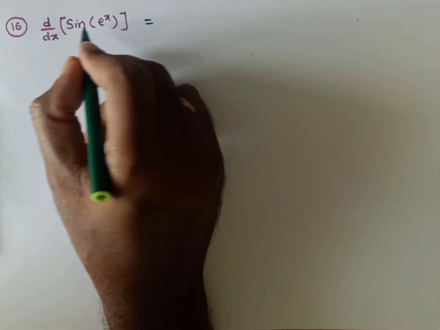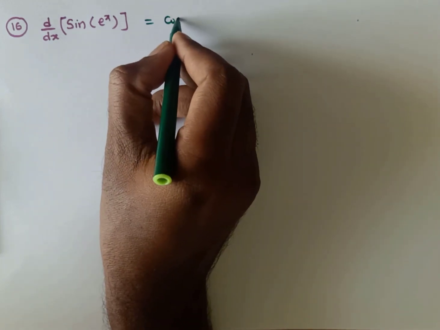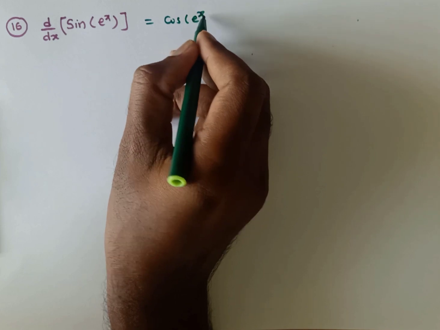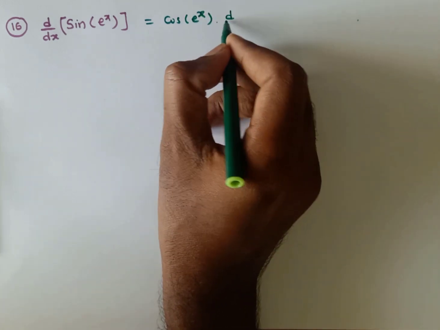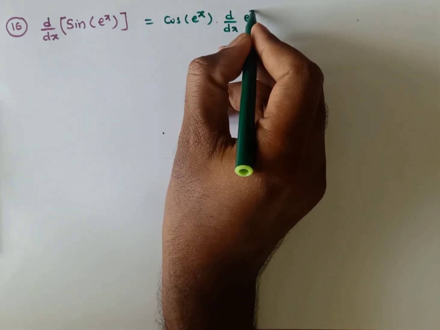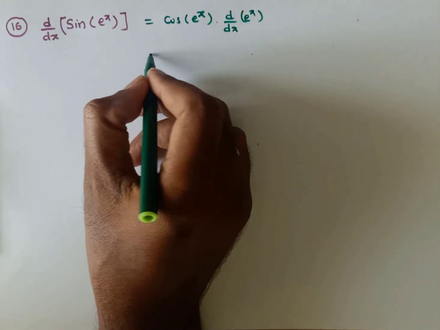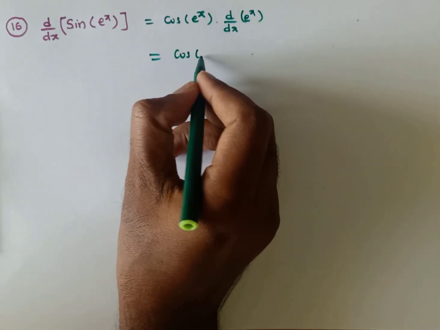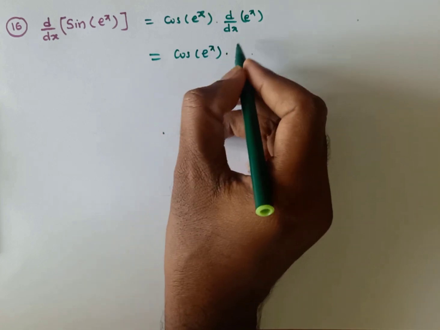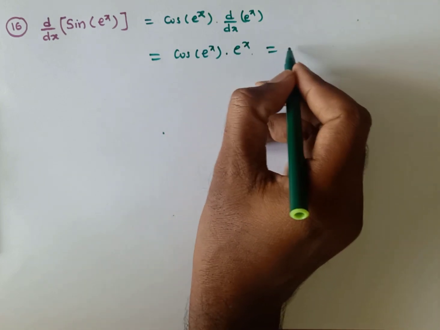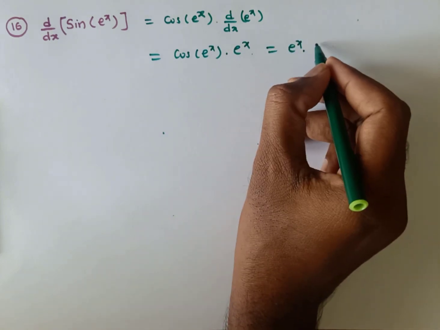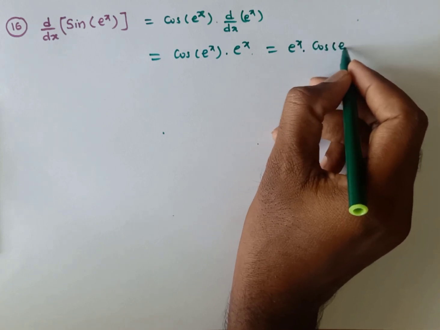The derivative of sin we already know, that is cos, of e power x as it is, into d by dx of the inner function e power x. So it equals cos of e power x into the derivative of e power x, which is e power x. So finally this is e power x into cos of e power x.